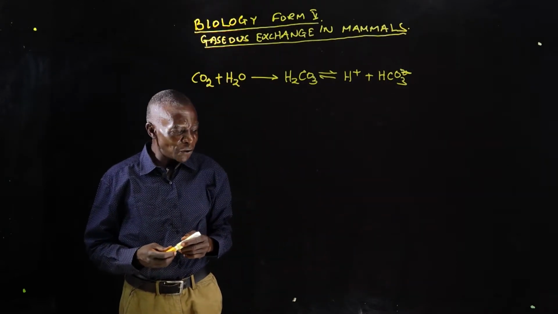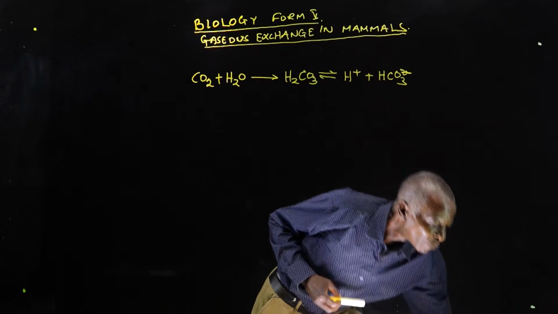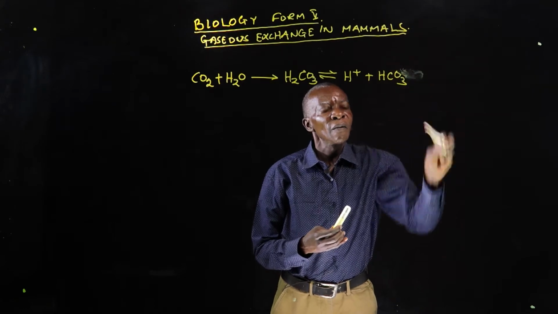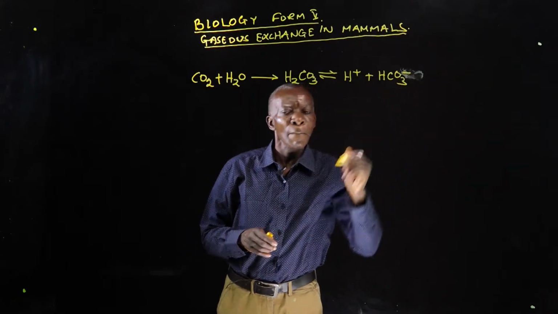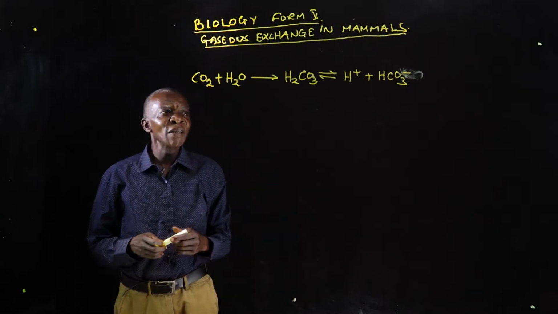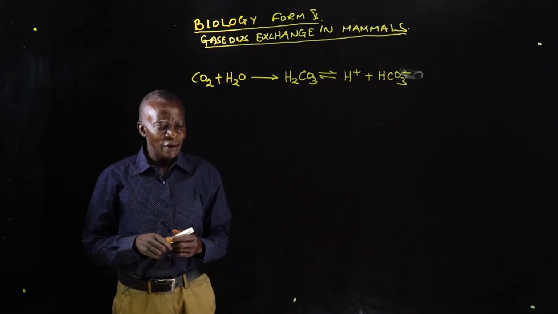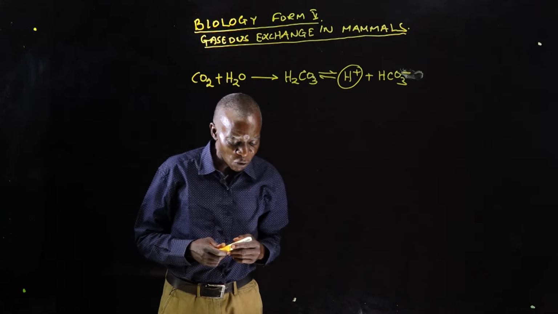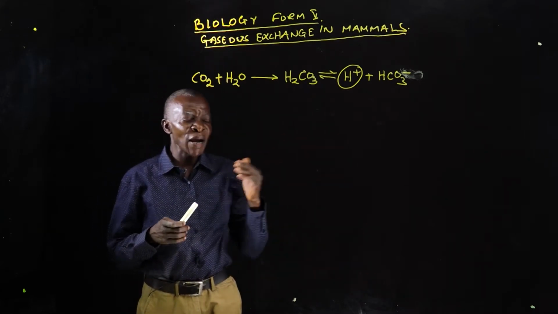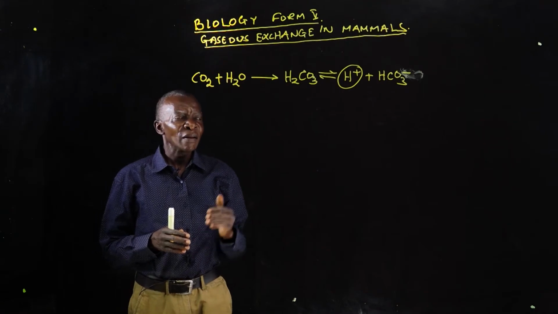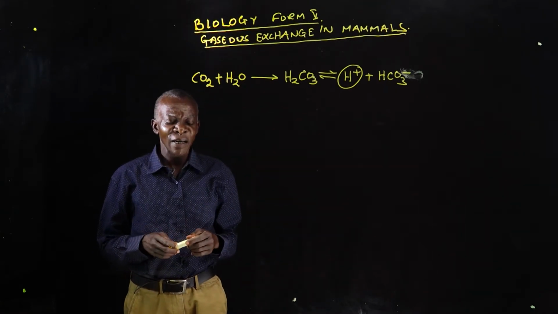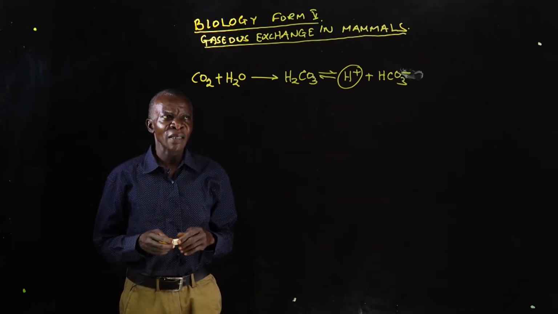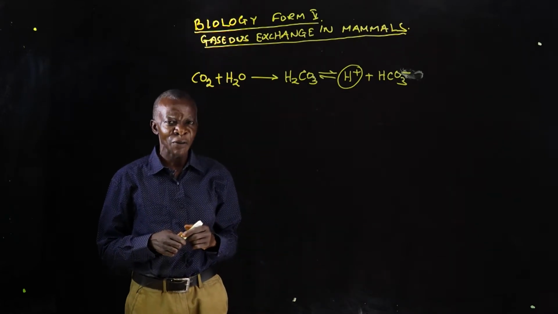The hydrogen ions then combine with hemoglobin, and by combining with hemoglobin, they make hemoglobin less likely to carry oxygen. That is how this Bohr effect is brought about.